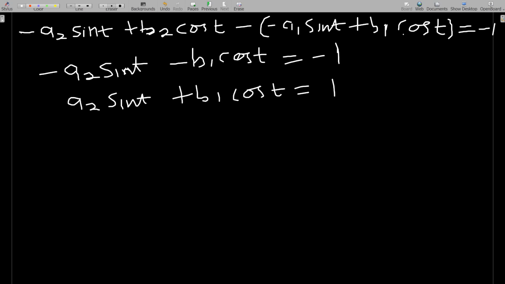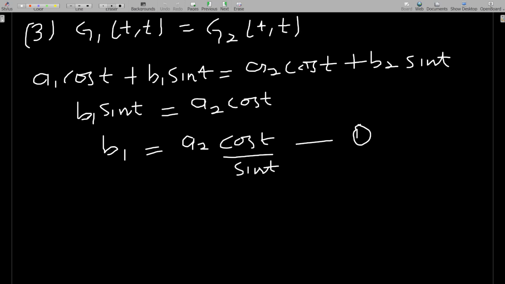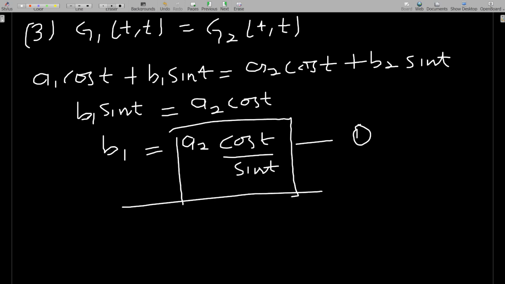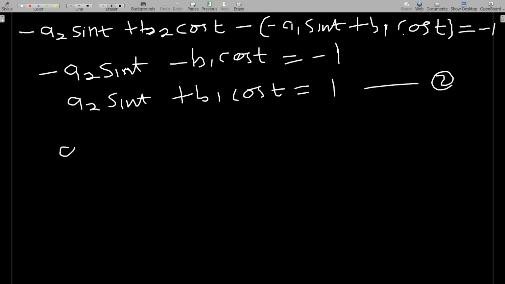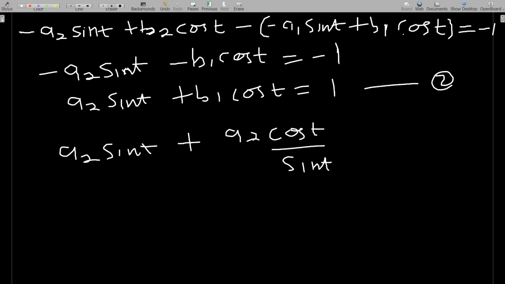Let me call this equation 2. If you remember, in equation 1 we were able to say that b1 is this. So wherever I see b1 in equation 2, I just put this there. So you have a2 sine t plus b1, which is a2 cos t over sine t, and the whole of this is b1, and this is equal to 1.